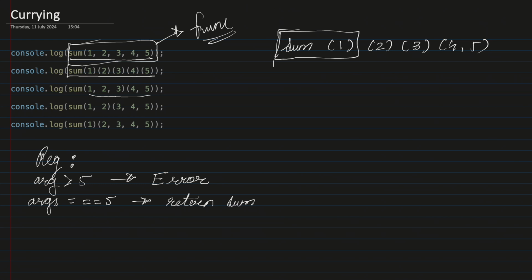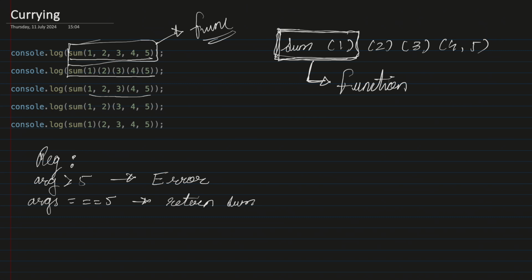But now after this we are seeing that there is one more pair of brackets. What does that mean? Listen carefully: whatever the return value of this function is, it is also a function. Then only you can add this parenthesis after that, right? This much is understood.